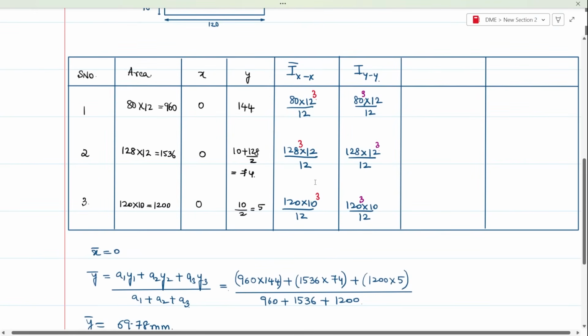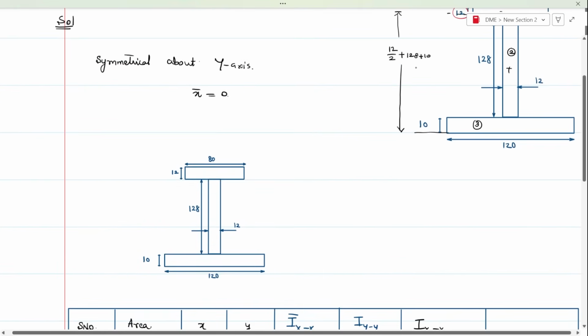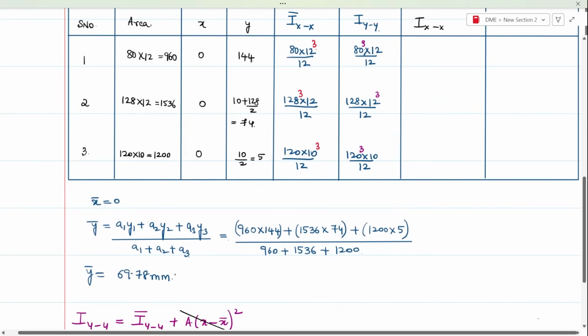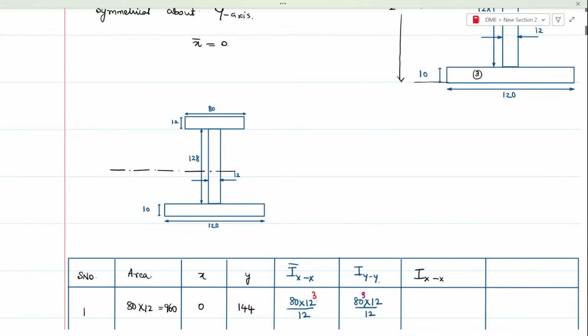Now next is computation of the moment of inertia for the x-axis, the centroidal x-axis. We are finding it at a distance of 69.78 from the base, or from the bigger flange. So if that is the case, this becomes the centroidal x-axis for the entire I-section.